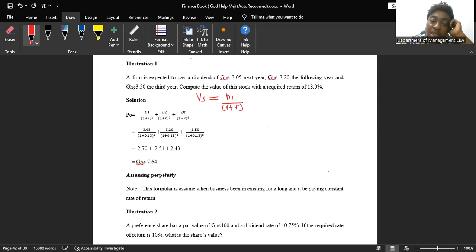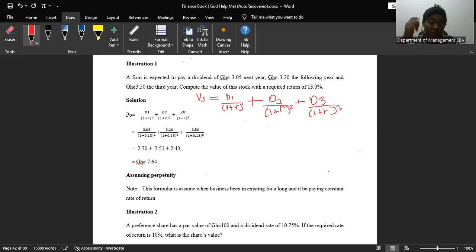This one is for year 1. Then we have the second dividend with our discounting factor, 1 plus r, raised to the power 3, since based on the question we have 3 years.